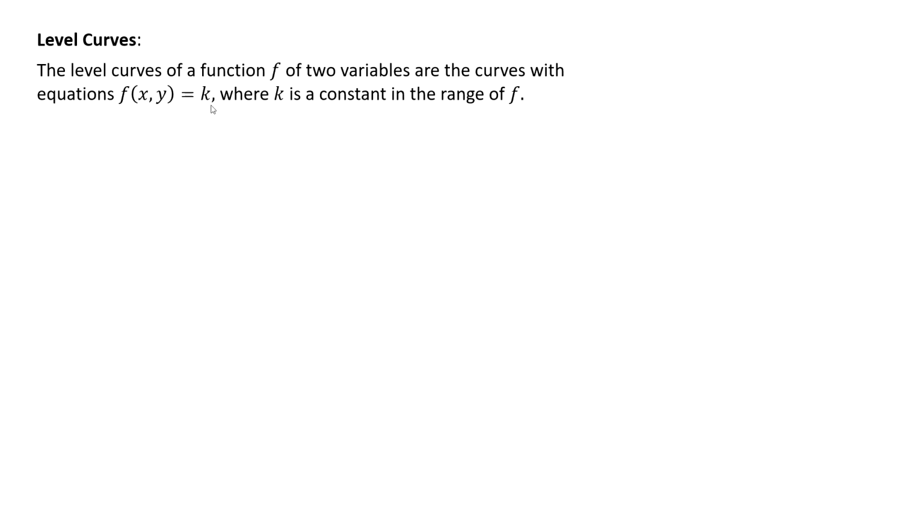Yeah, it is a curve, right? So by setting f of xy equal to a constant, we will get a curve. And by setting that k to be different values, we get different curves, and those curves are what are called level curves.